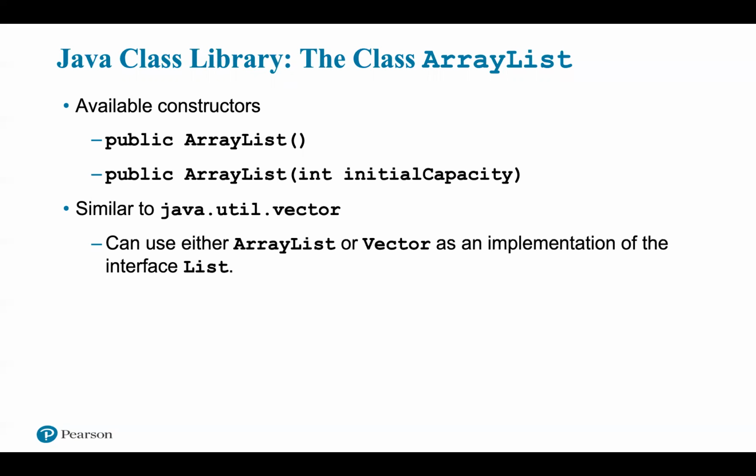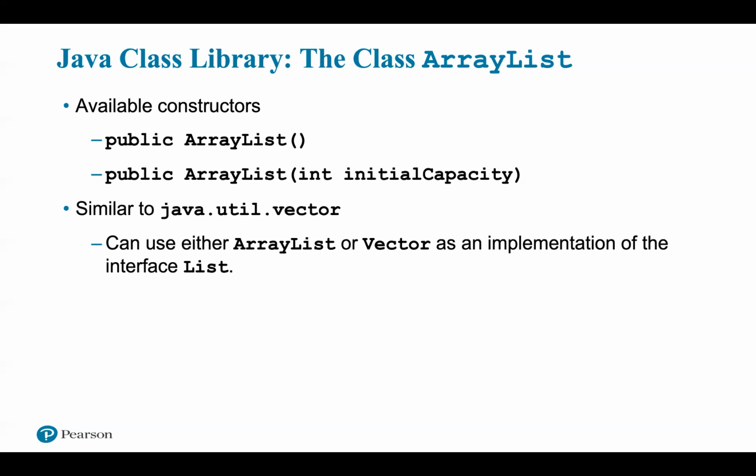The list increases its capacity as needed by an unspecified amount. So it gives you an example. We have public ArrayList(int initialCapacity). This creates an empty list with a specified initial capacity. The list increases its capacity as needed by an unspecified amount.